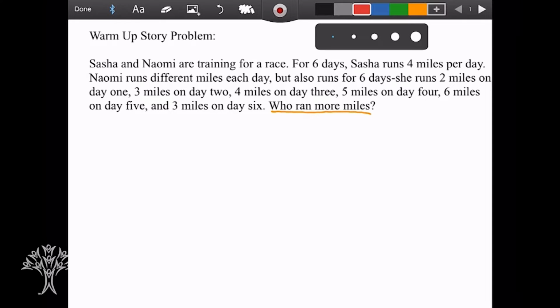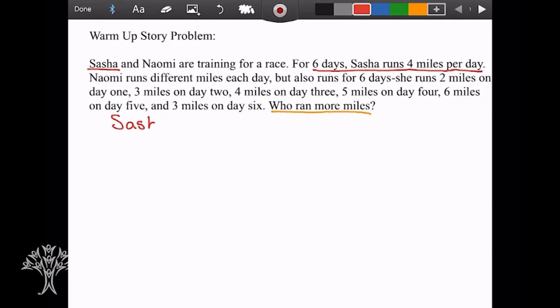So let's start with Sasha. So Sasha, it says, she ran for 6 days, and each day she ran 4 miles. So let's think about that. Sasha, 6 days, 4 miles. What kind of problem is this? What is it asking you to do with those numbers?